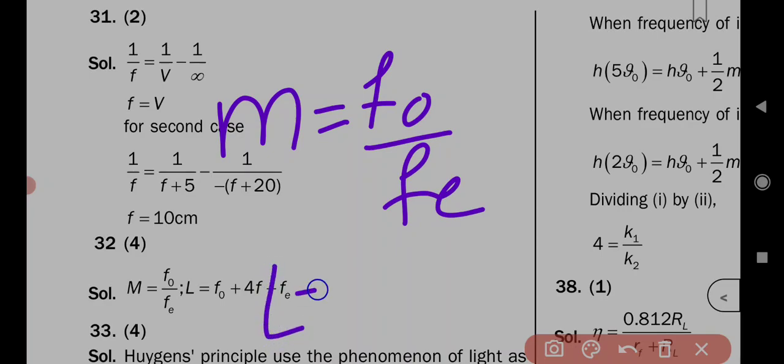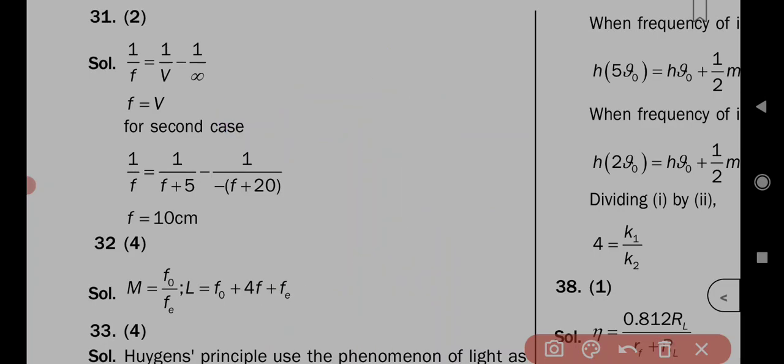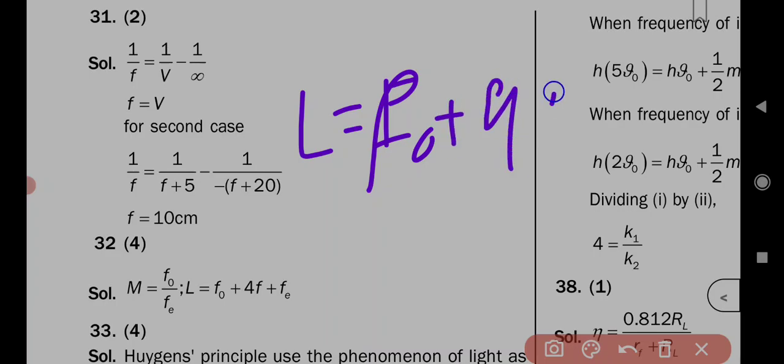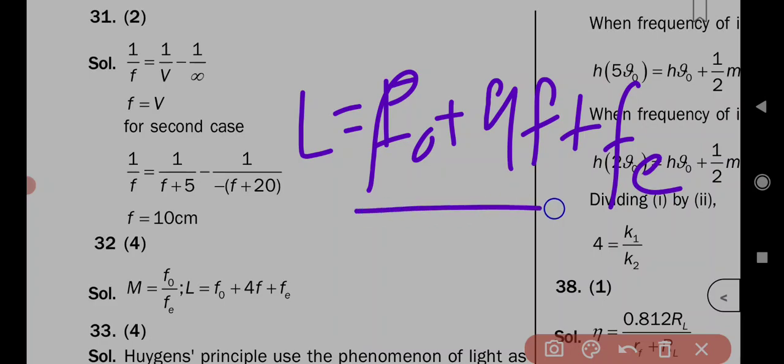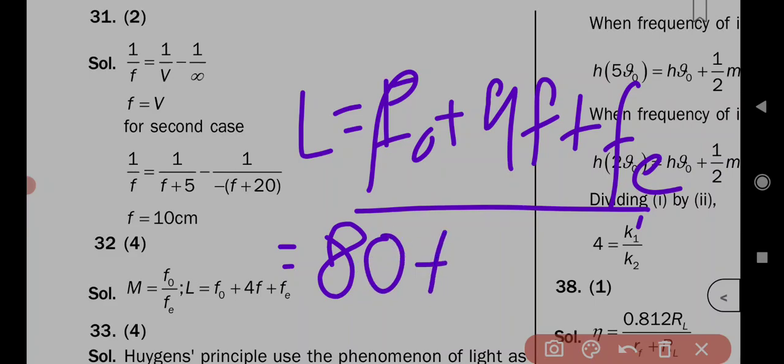And length is what? F naught plus, length is what? Distance between that you have to take, guys. F naught plus 4Fe. This question is lengthy. If you have already practiced so many questions, you can do it. So this is the answer. So F naught is how much? It's given, right? That is 80. 4 times Fe. Fe is how much? 20.